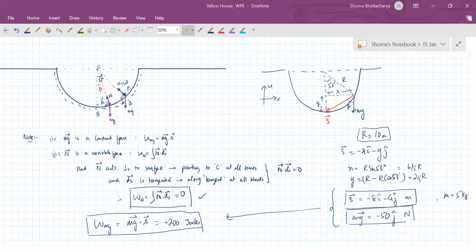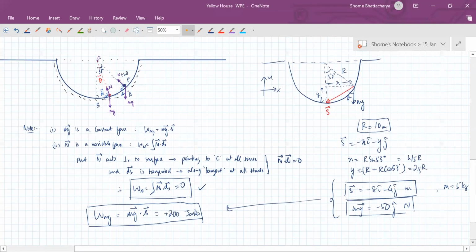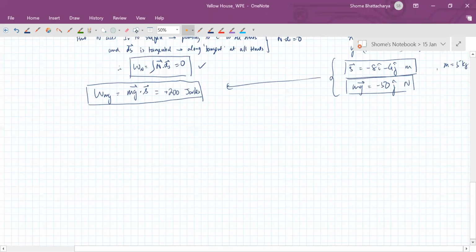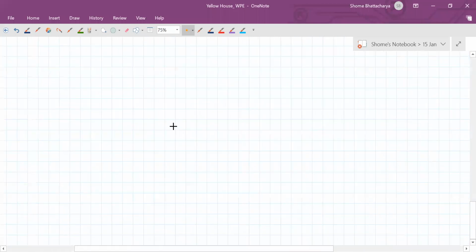Okay, so the component part is like this. See, you're moving on a circular track now.